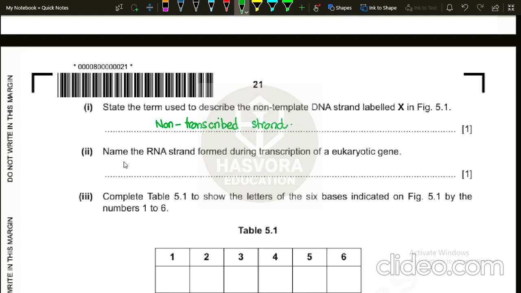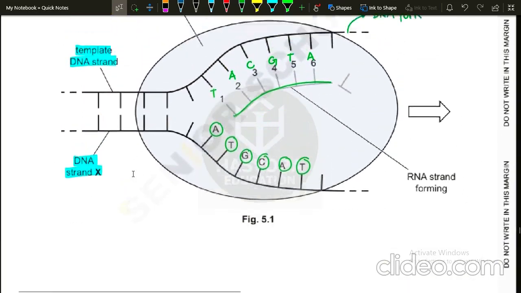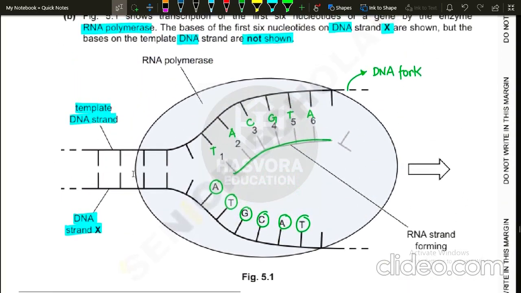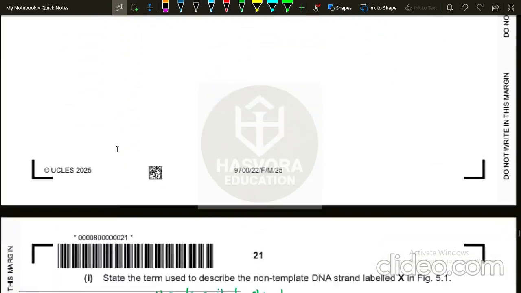Name the RNA strand formed during the transcription of a eukaryote gene. So they have made no reference to the splicing, or the post-transcriptional modification. So you are just going to write pre-RNA, or the primary transcript. You can write the primary transcript because it is just freshly made from this strand.